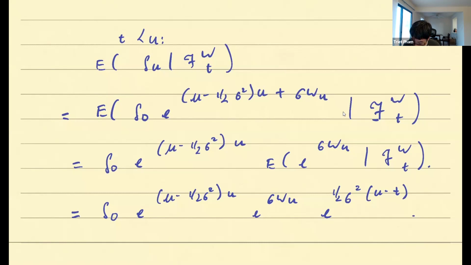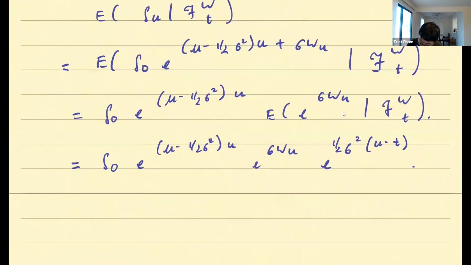Sorry, give me one moment here. Okay, so these combined together give you S_u, and then this gives you e to the 1/2 sigma square (u minus t).